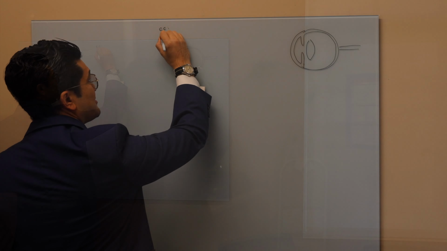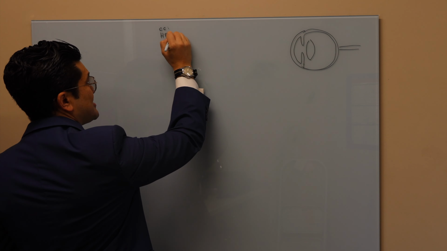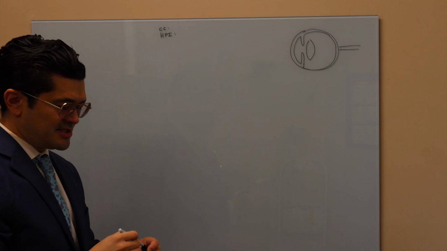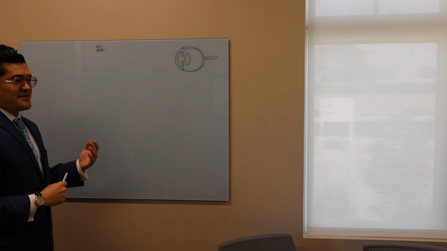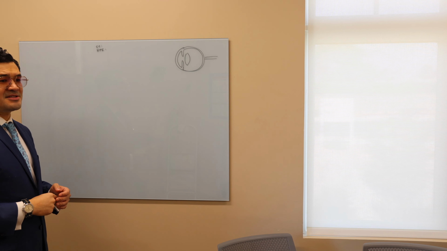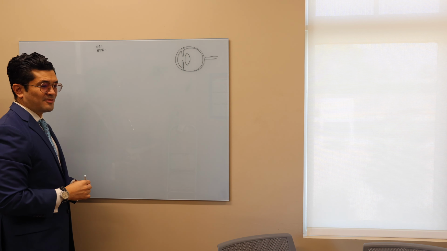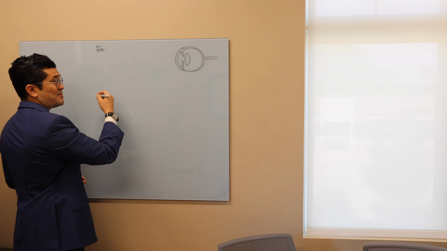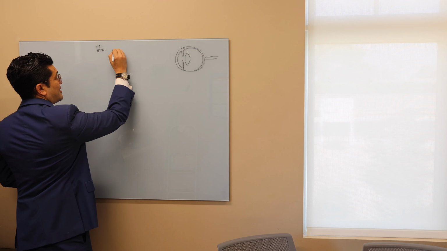Next part, you will see something called HPI, that stands for History of the Present Illness. This dives into more of the details about that chief complaint. How long have they had it? If you remember from our previous lecture, we talked about OPQRST, that's the mnemonic.